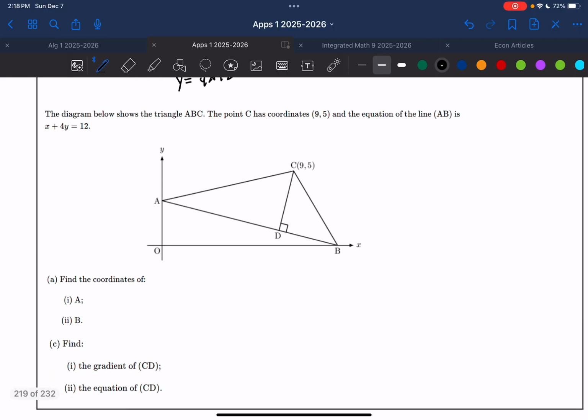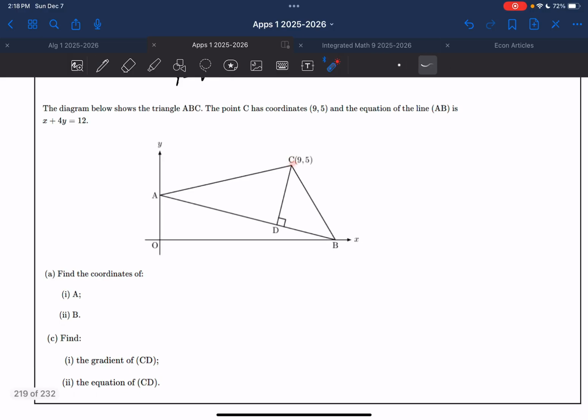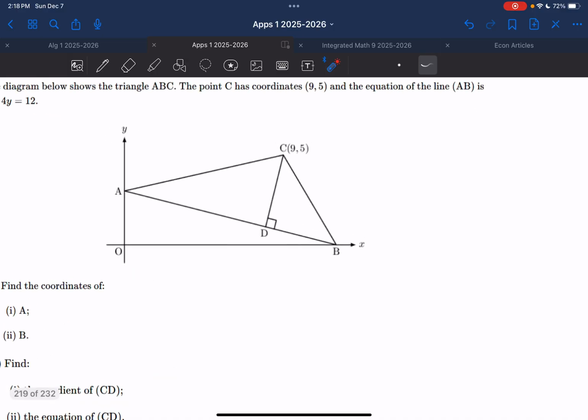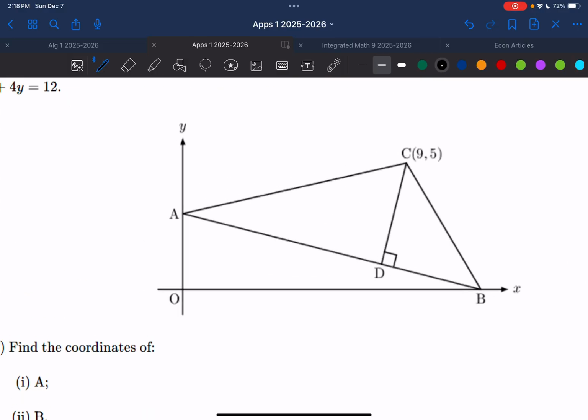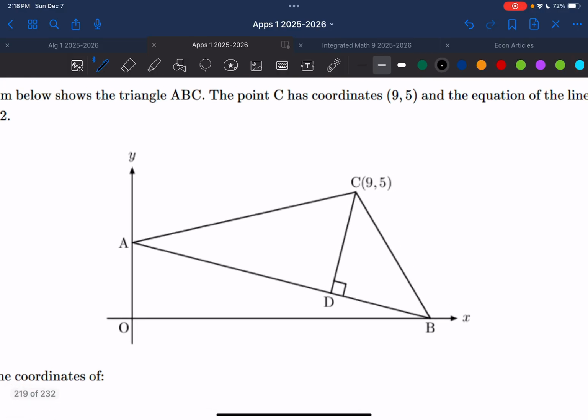Okay? And then we have this diagram down here, so it gives us the point (9, 5), and it tells us that line AB has this equation, and we know that this line is perpendicular to that. We want to find the coordinates of A and B. Well, we can recognize those as the x and y intercepts of the line segment here, right?